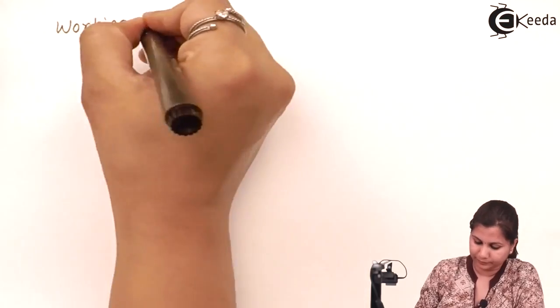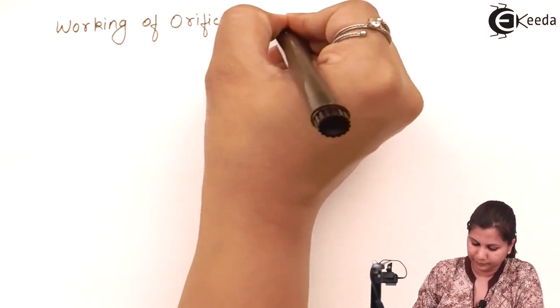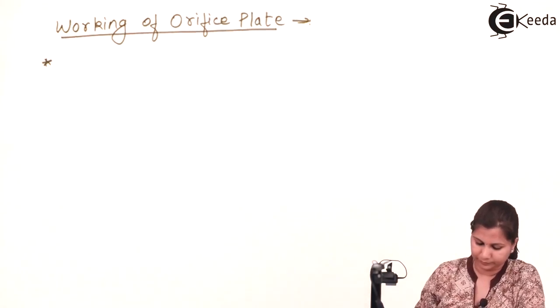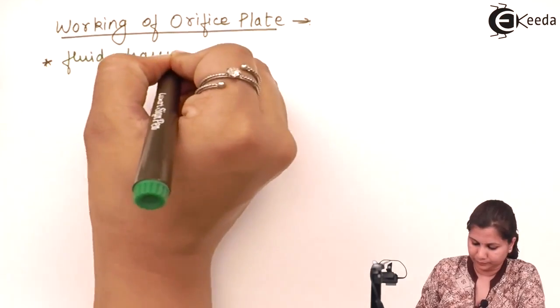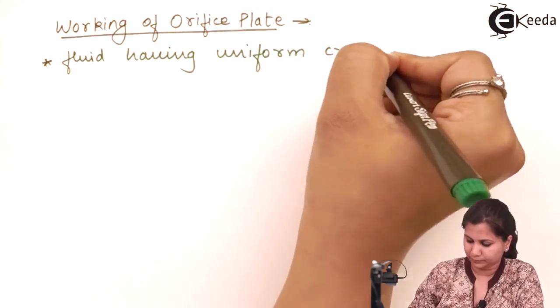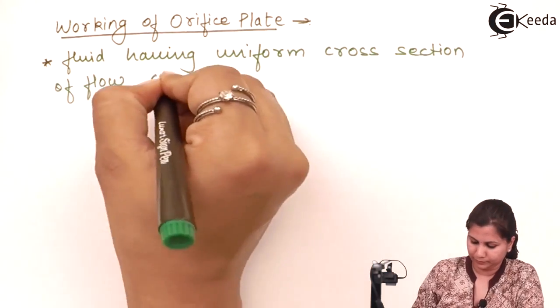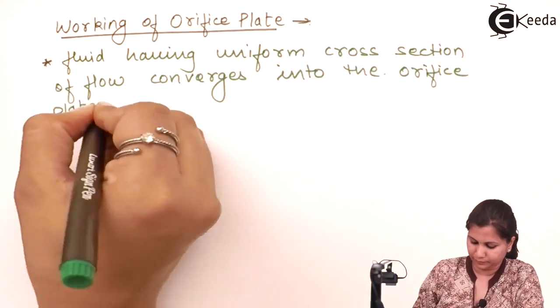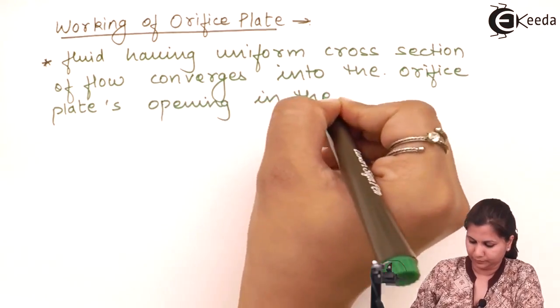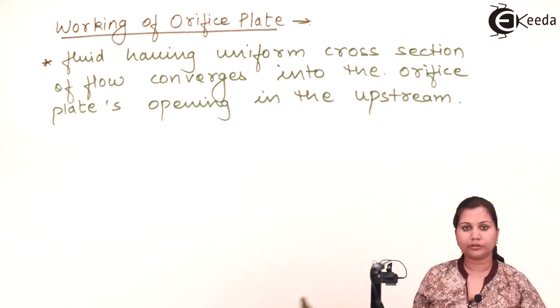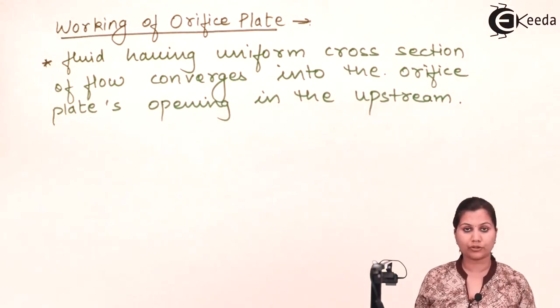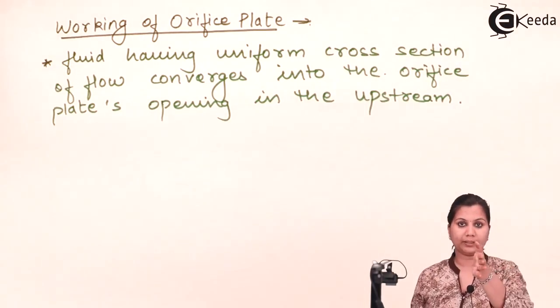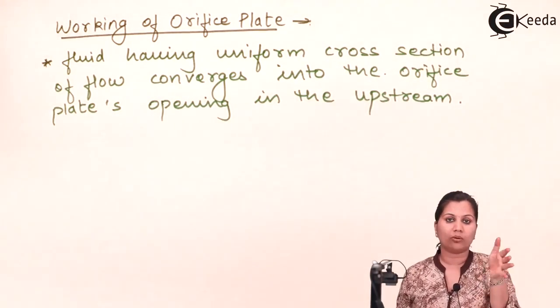Now let's see the operation of the orifice plate, or the working of the orifice plate. So first of all, the fluid which is moving has a uniform cross section of the flow, meaning when the fluid is flowing in the pipe, it has a uniform velocity while flowing.